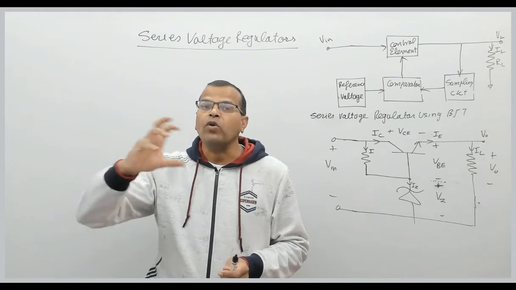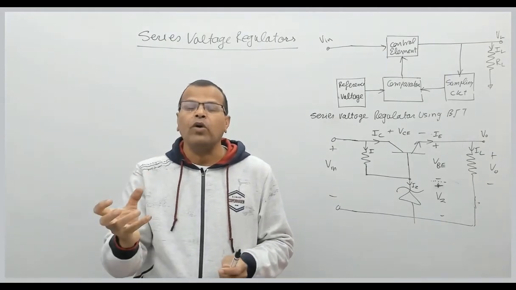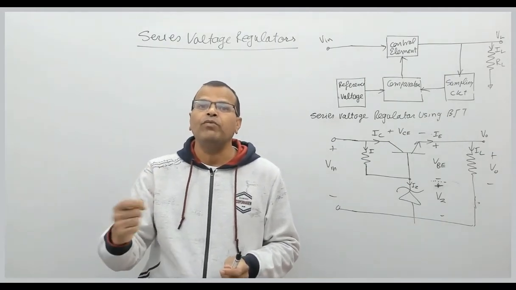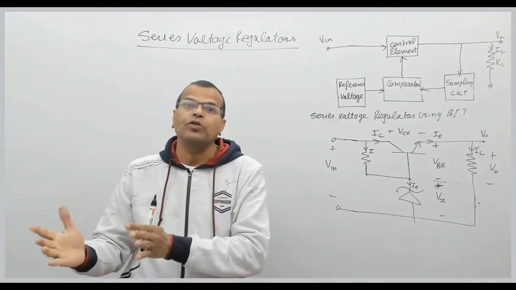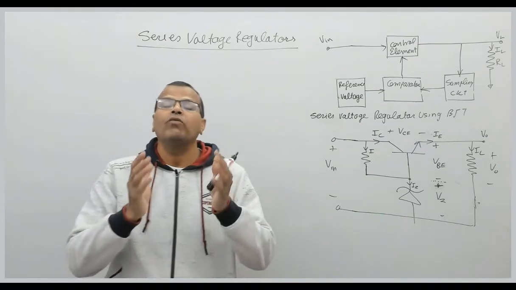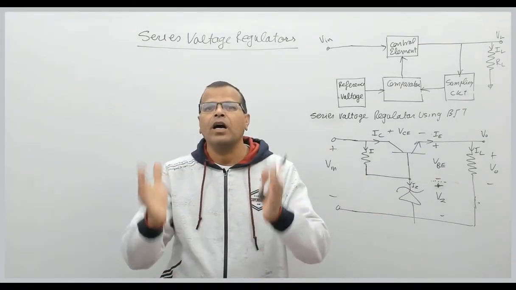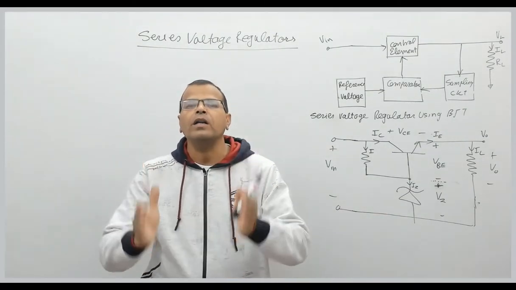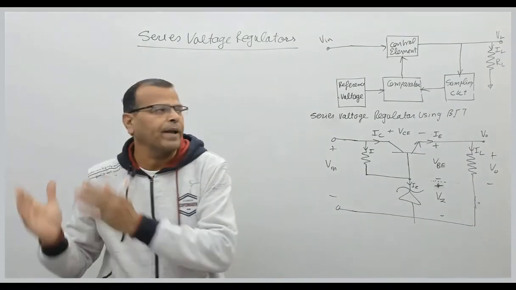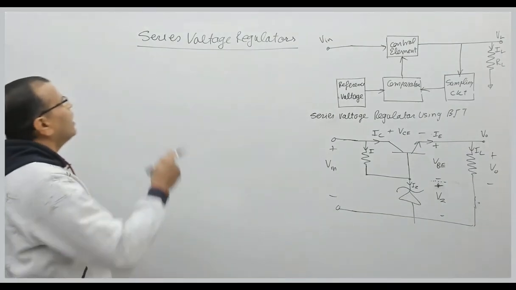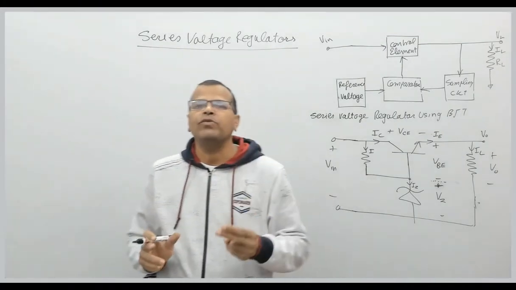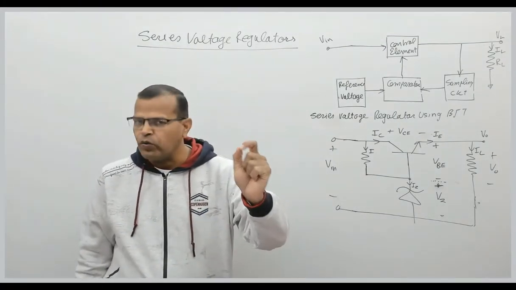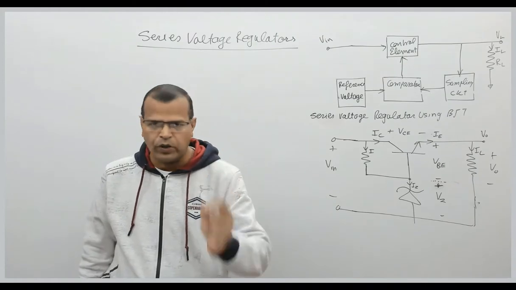We are not talking about the complete supply now, we are talking about simply the voltage regulator which is connected at the output of an unregulated power supply, right? So there are two types of voltage regulators, series voltage regulator and shunt voltage regulator.